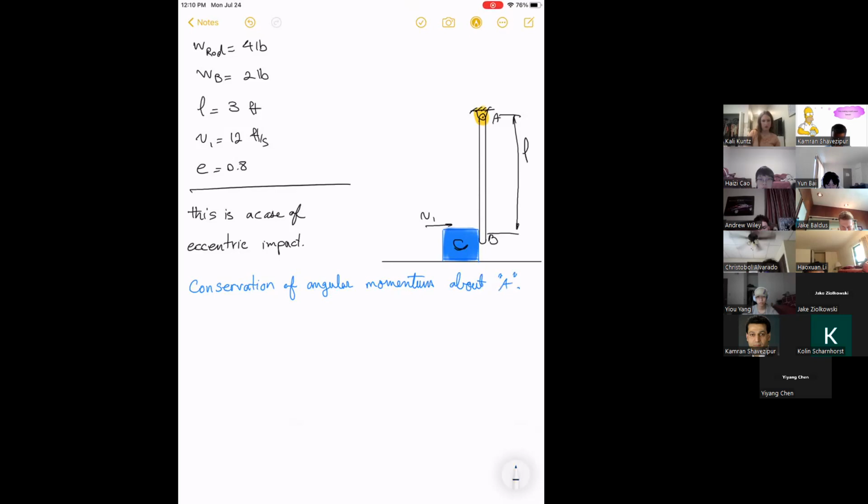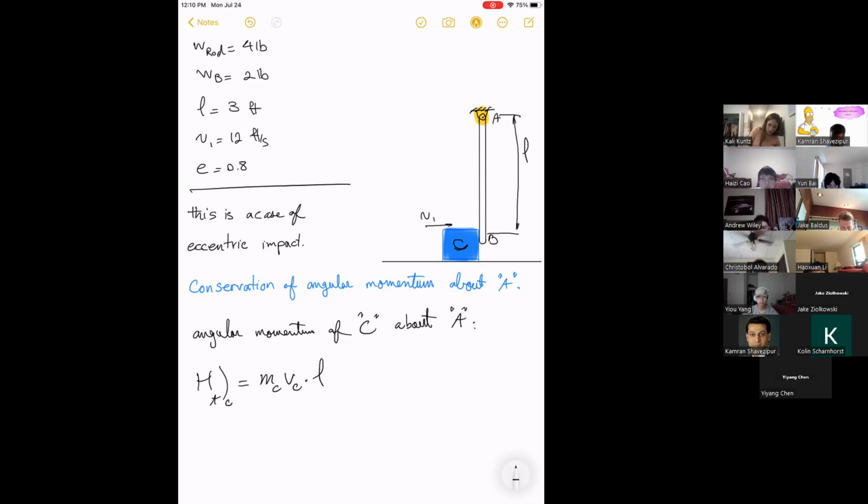So the angular momentum of C about A, H_A for C, is going to be m_C v_C times the distance.